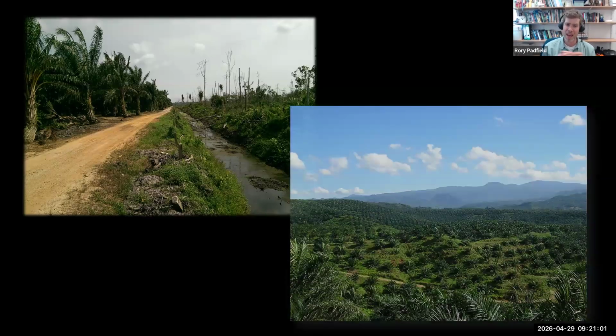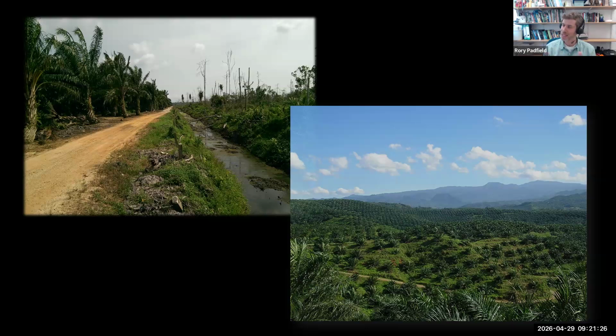This is what it looks like from the air. With a bit of elevation, with a bit of perspective from the air, you can see the scale potentially of this crop. It's associated with deforestation. It's associated with significant land use change historically, but also increasingly in certain parts of the world. Habitat destruction.